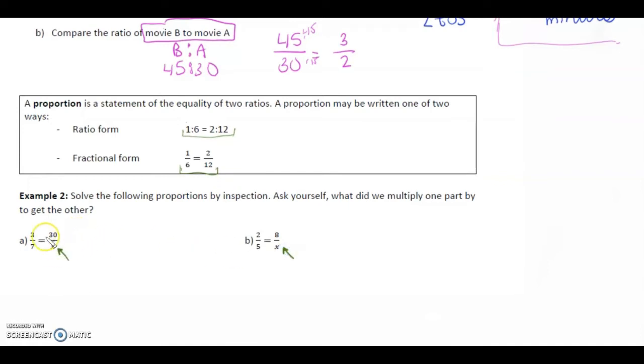Okay, so 3 divided by 7 equals 30 divided by x. So in my head, I'm like, okay, so 3 times what equals 30? Well, 3 times 10. That means we have to do the same thing here, 7 times 10. So just by taking a look at this, I can tell that x equals 70.